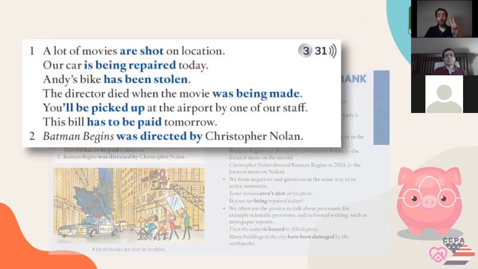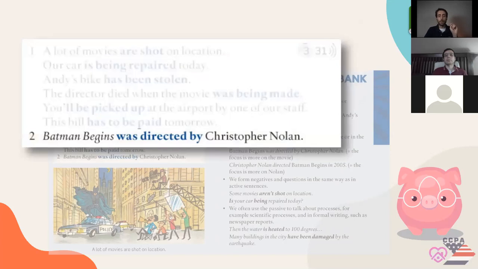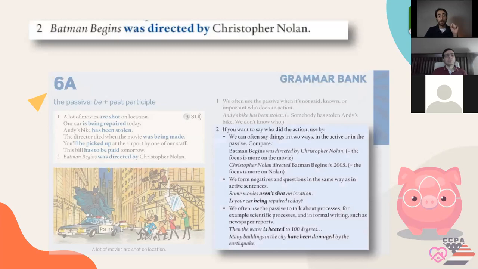Okay. And then we have a second case, the one in number 2, where it says, Batman Begins was directed by Christopher Nolan. This time around, we are specifically saying who created the action. And for that, we are using the expression by, which introduces the author of this action, right?